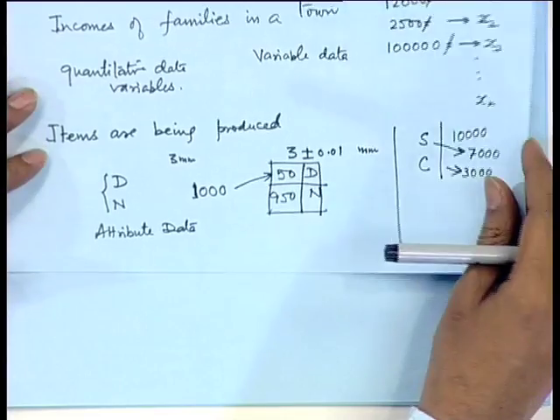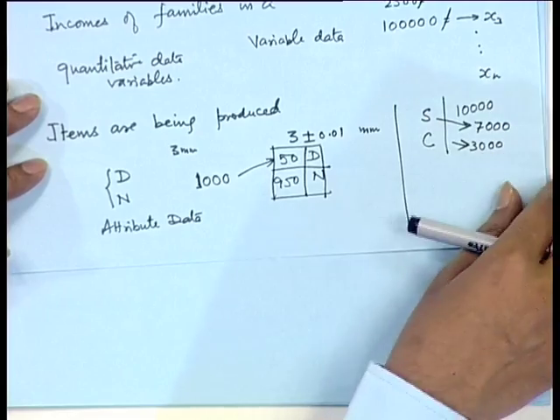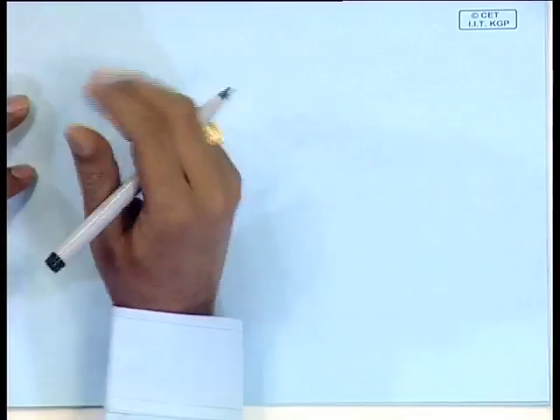In this particular section, we will explain how to make frequency distributions for the quantitative data. In the case of attribute data, it is relatively easy to make a frequency distribution. For example, one may have two characteristics according to which we classify the data.